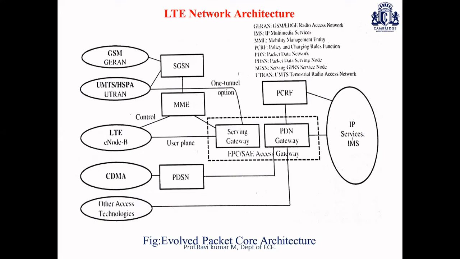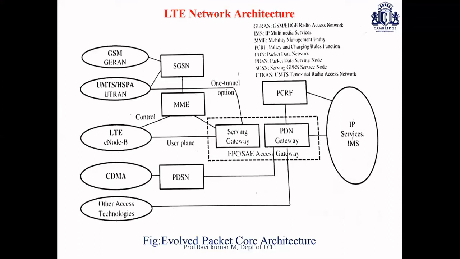When it comes to the evolved packet core architecture, the main logical nodes in EPC are the packet data network gateway, that's PGW, SGW, serving gateway, and the mobility management entity. EPC, Evolved Packet Core, also includes functions such as the home subscriber server and PCRF, policy and charging rule function.